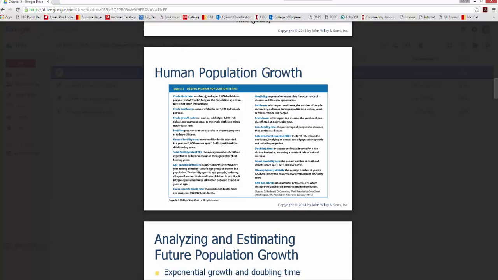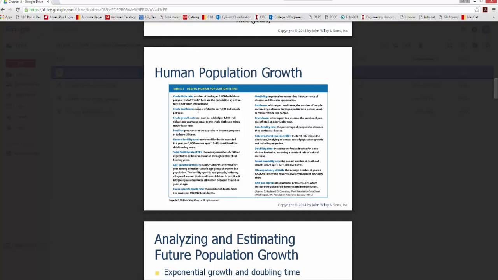And the reason it's called crude is because the population age structure is not taken into account. We don't know what the age structure is at this point. That's later in this particular lecture. But for now, we call it the crude birth rate because we're not looking at age structure. But again, you can think of it just as the number of births per 1,000.